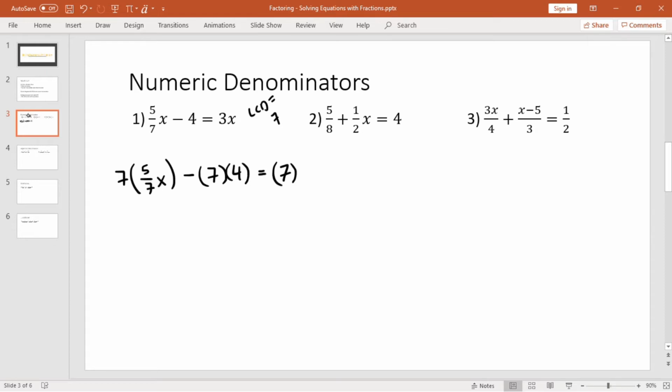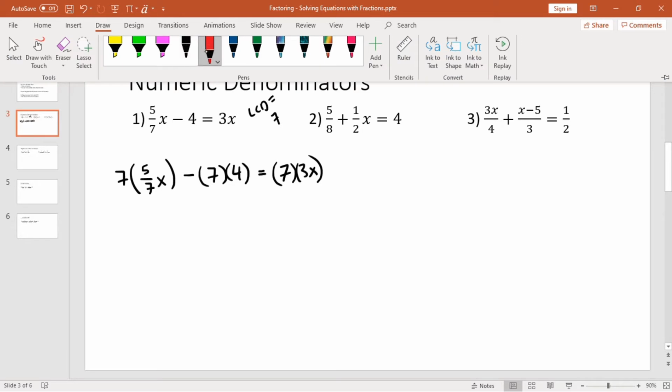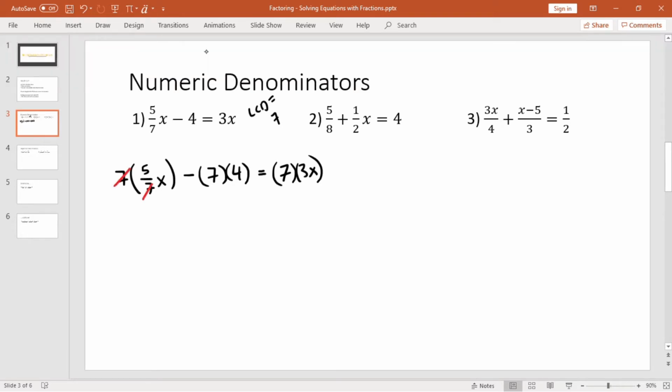When I do that, look at the fraction, because there is where you're not going to make 35. You're going to right away use that LCD to cancel out the denominator. So this is my next step, not making 35.